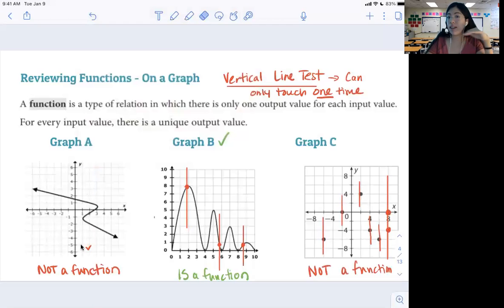So functions cannot stack on top of themselves, which means that for that reason, A is out, as well as C, because over here it's stacked up on top of itself. But graph B goes up and down and up and down, and it never ever stacks up on top of itself. So that's another way to think about it. Any other questions on this one?